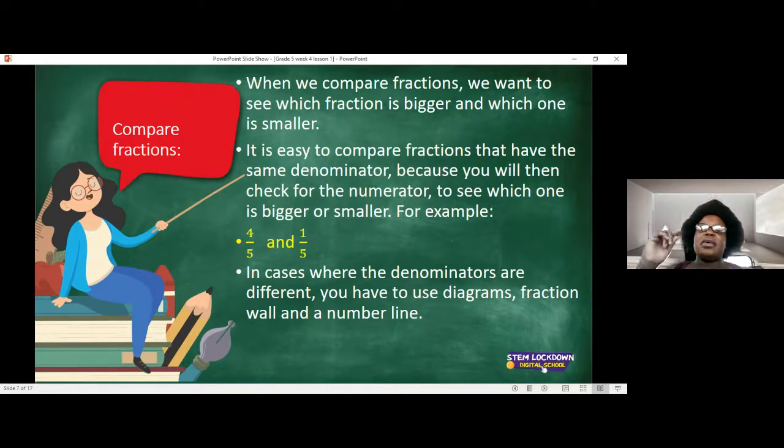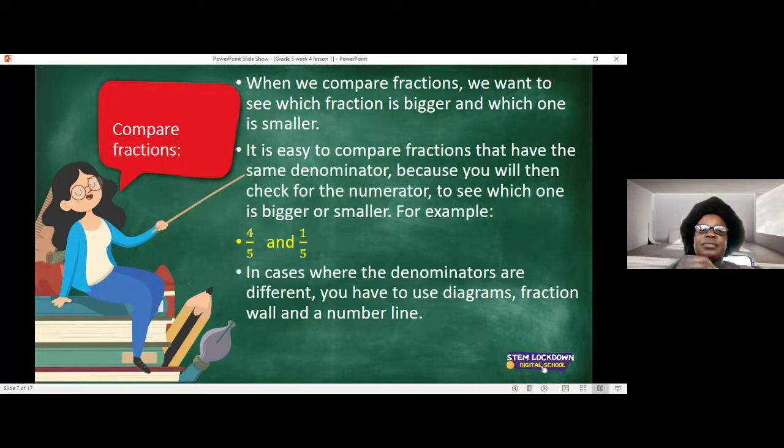In cases where the denominators are different, you'll find that here the denominator is 5 and there the denominator is 10. How then are we going to compare? In such cases you have to use diagrams, a fractional, or a number line.